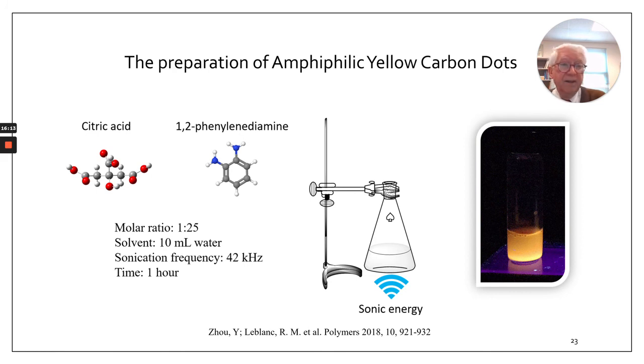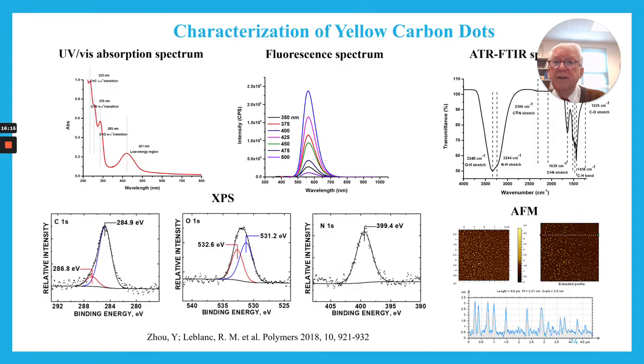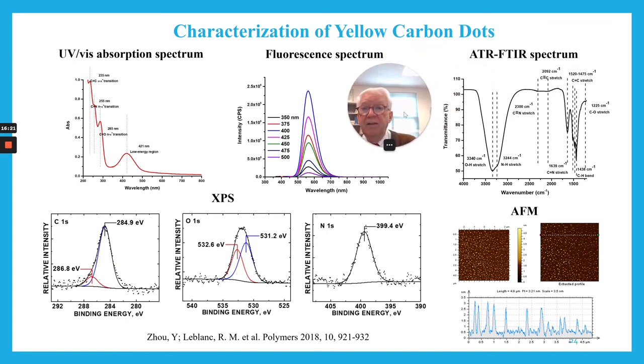And again, for the characterization of the particles, as I mentioned previously, absorption, fluorescence, and X-ray photoelectron spectroscopy that will link to ATR-FTIR. In this particular case, you can see this is no more excitation dependent, but excitation independent. Going back to the UV absorption, the band corresponds to the absorption for the C=O double bond and also the pi-pi interaction.